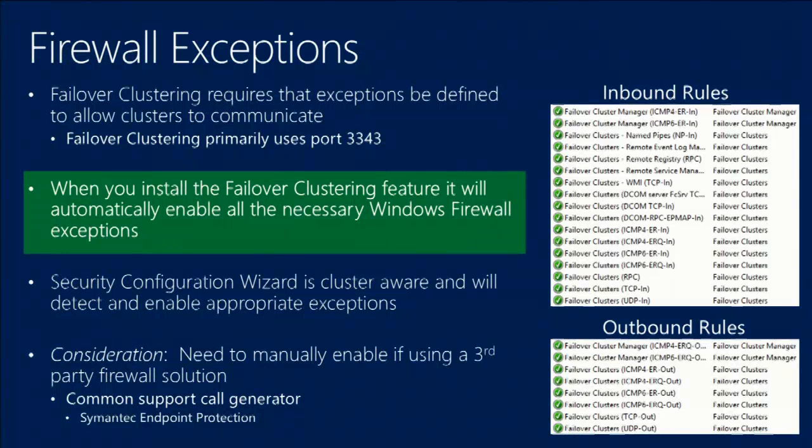And so for Windows Firewall, you don't have to do any extra configuration. But if you're using third-party firewall tools, then you may have to manually add or enable these later. Again, from a configuration standpoint, it only affects third-party firewalls. For Windows Firewall, it's actually enabled by default.